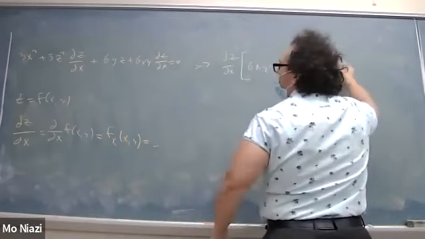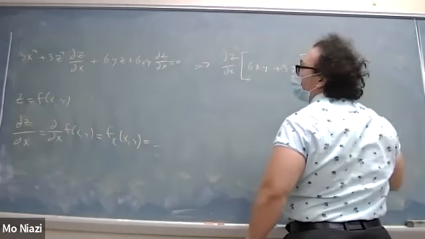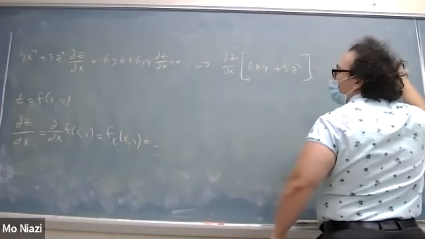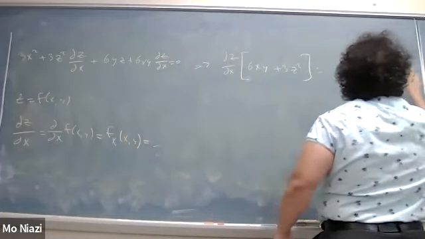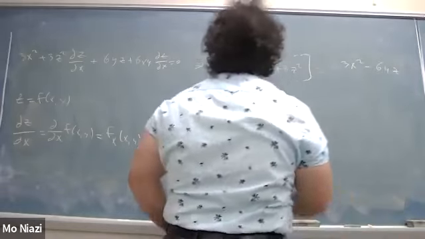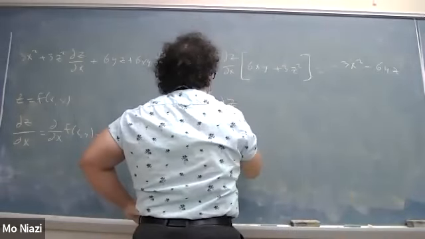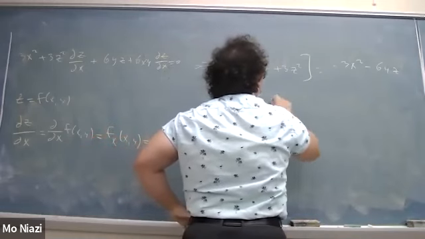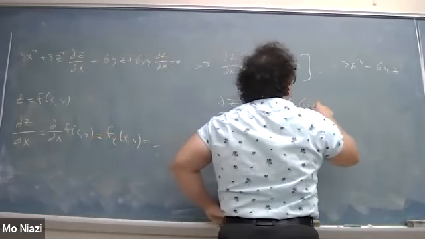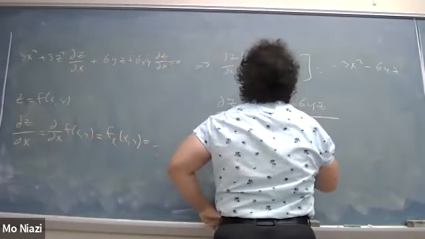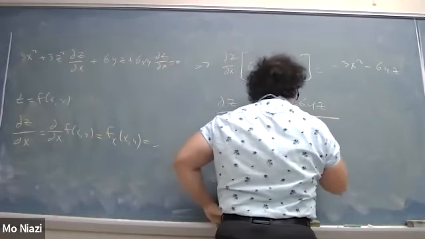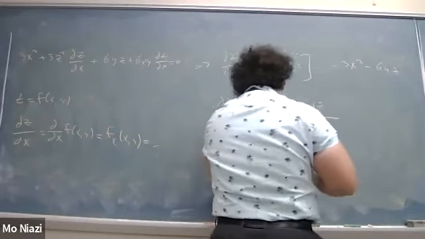That's equal to negative 3x squared minus 6yz, right? So partial z partial x is equal to negative 3x squared minus 6yz all over 6xy plus 3z squared.